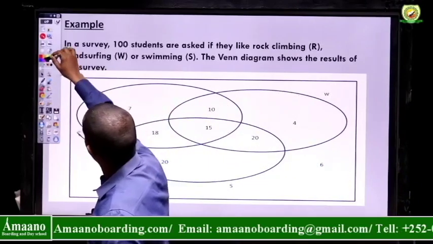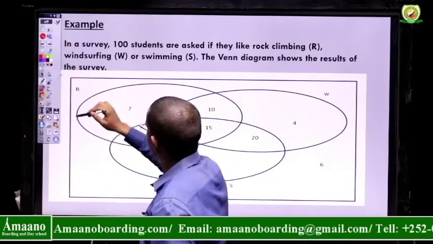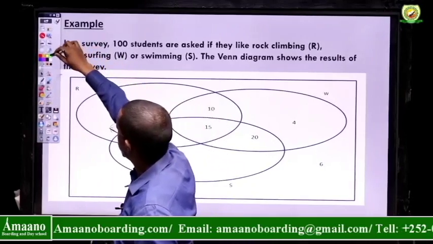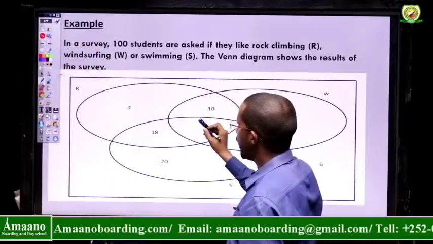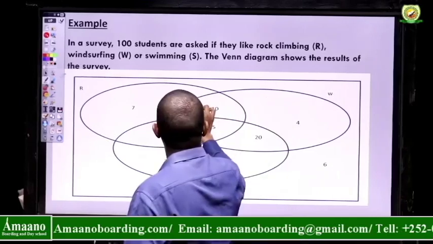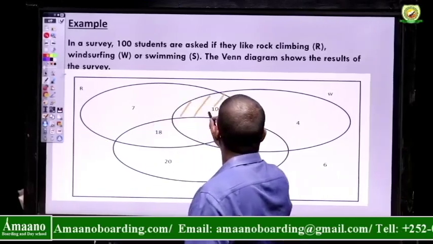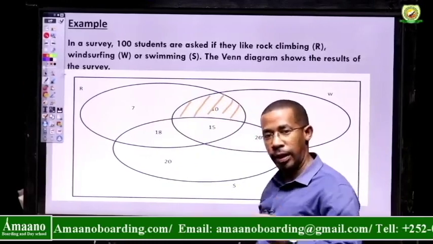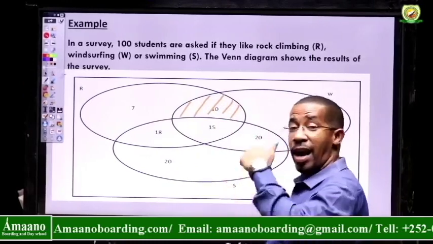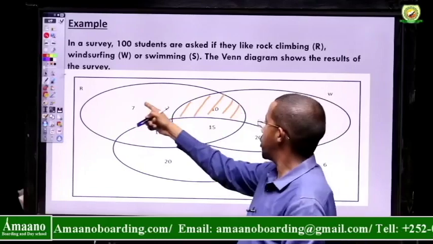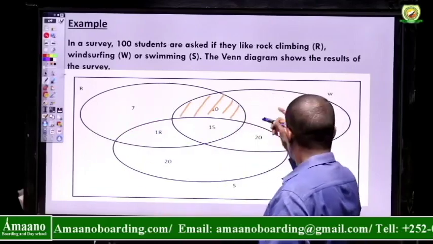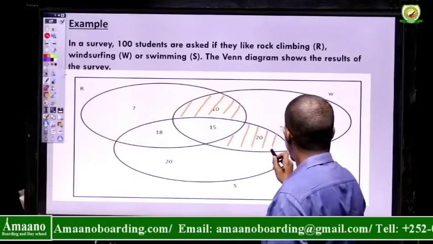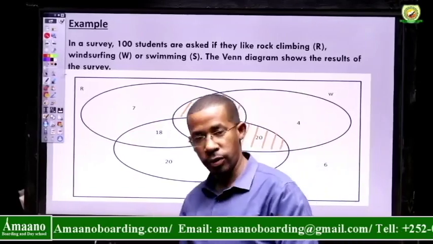We are dealing with this part. These students like exactly one other sport, which is R, other than W, and these ones also like exactly one other sport.